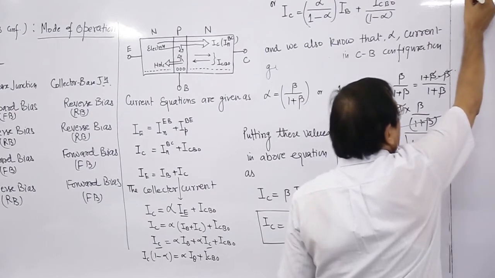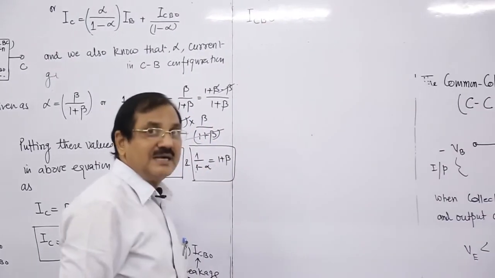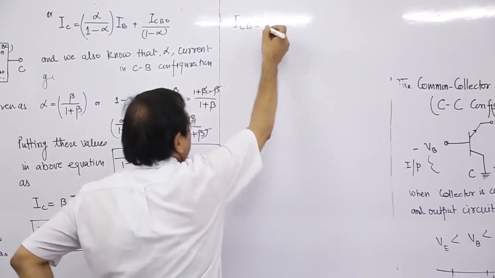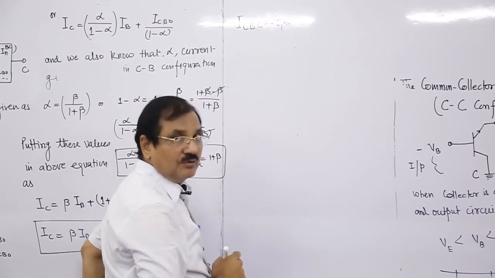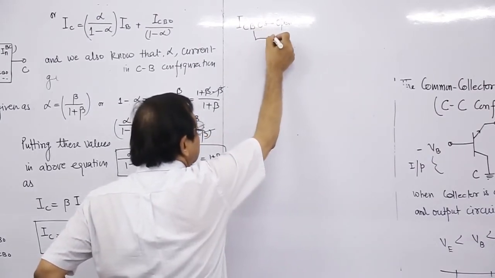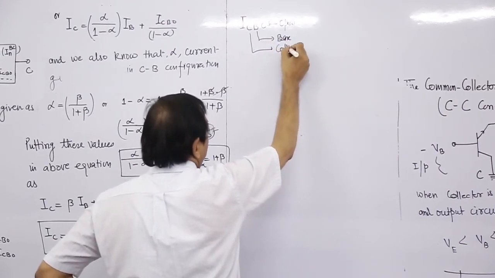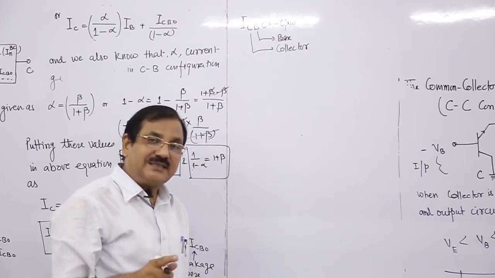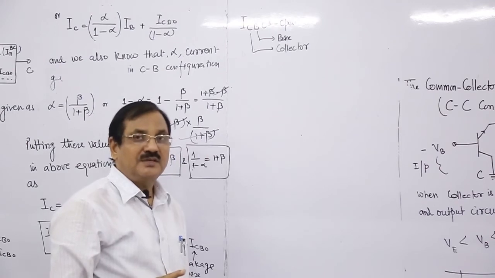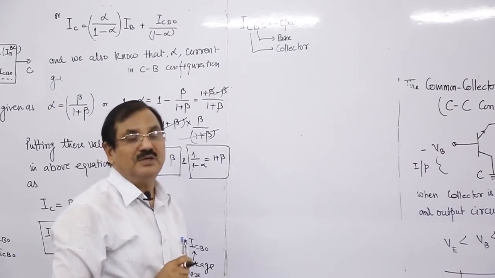So in ICBO, this O stands for open, this B stands for base and this C stands for collector. So the collector base is closed while the third terminal, the emitter, is open.